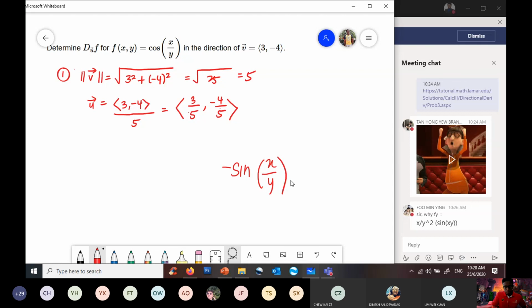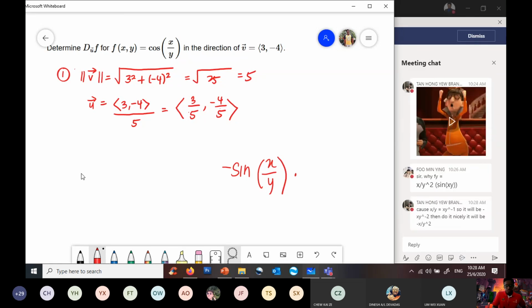And then you have to multiply by the derivative of the thing inside. If you differentiate x over y, I can write it as x y to the negative 1, which gives negative x y to the negative 2. This part is what I'm going to multiply here. Tan has already mentioned that as well. So that is where negative and negative become positive, and then you have x over y square. Okay, so try that out.